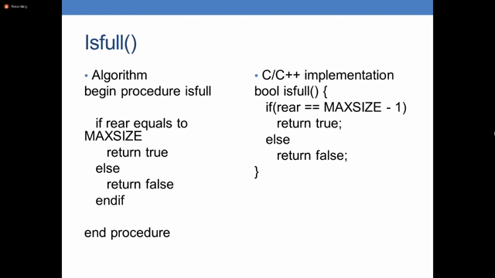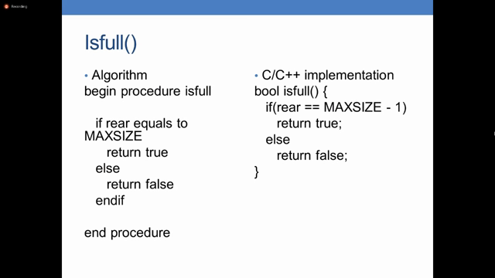Then the next function is isFull. In the algorithm, if rear equals max size, then return true. Max size is the maximum size. Otherwise, return false.